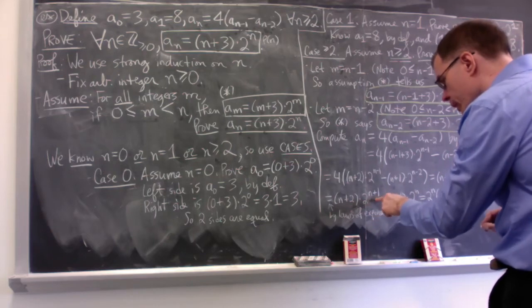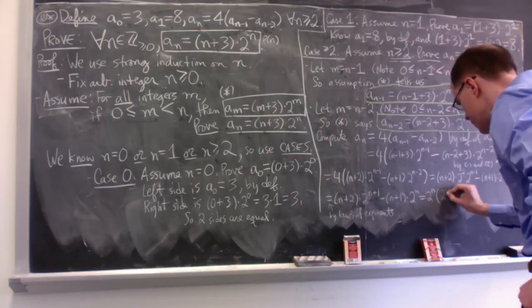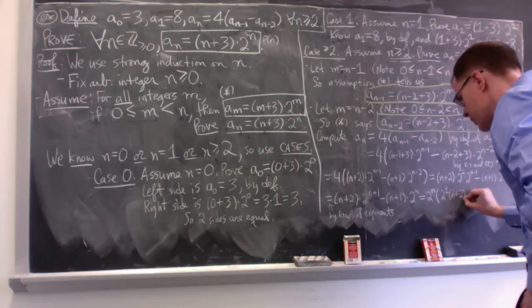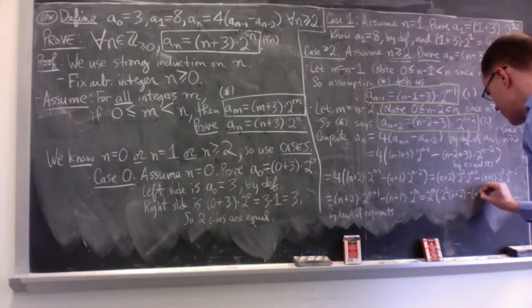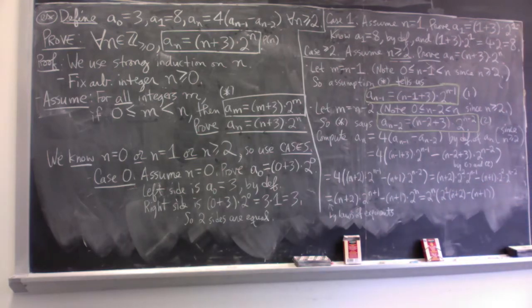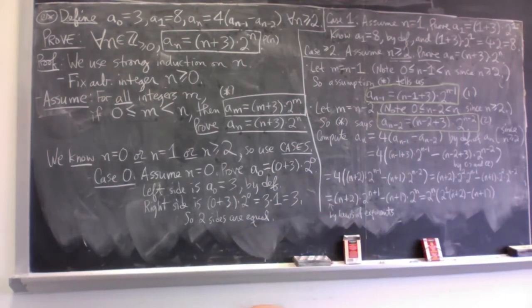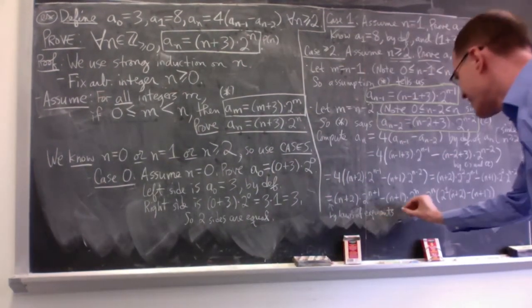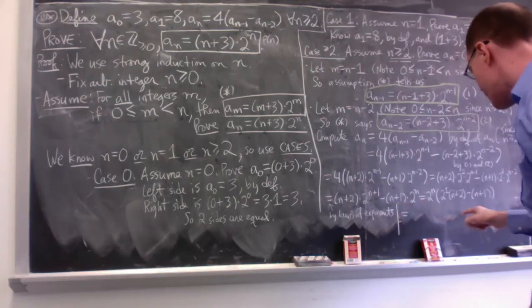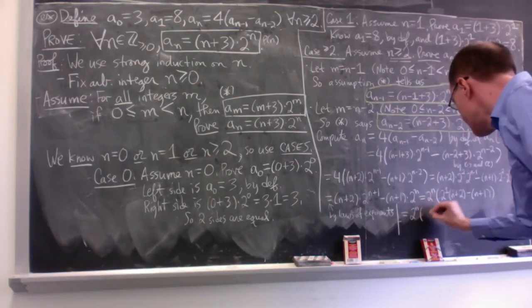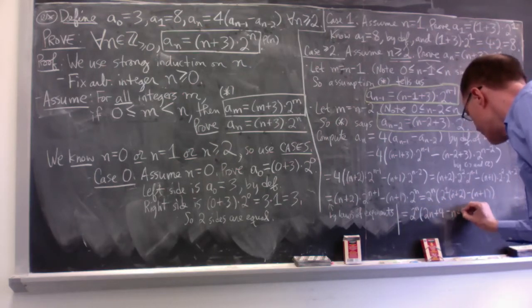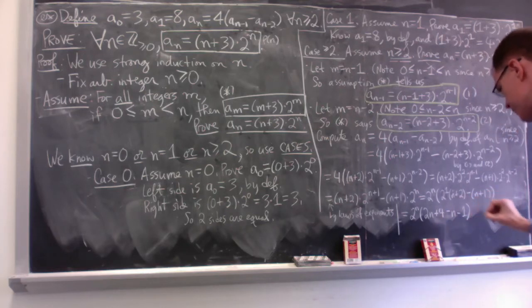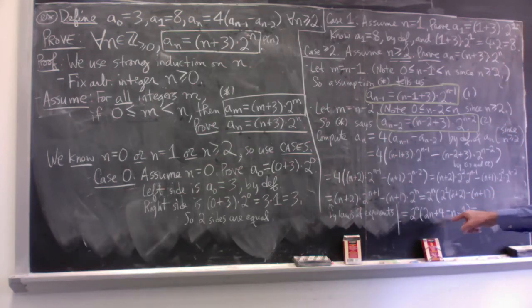We still have 2 to the 1 times this, and here I just have 2 to the n times this other stuff being subtracted. Almost there, though. So it equals 2 to the n times 2n plus 4 minus n minus 1, distributing the minus. And then finally, 2n minus n is n, and 4 minus 1 is 3.